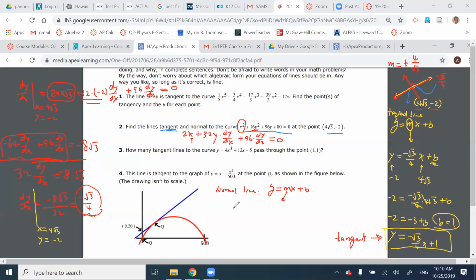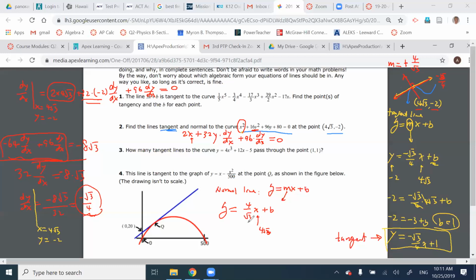So right now we find y equals 4 over √3 x plus b. Can you follow me? And then how do you find the b? Armando. You substitute the x and y. What's x now? 4 square root 3, because the normal line also passes through the point of tangency.